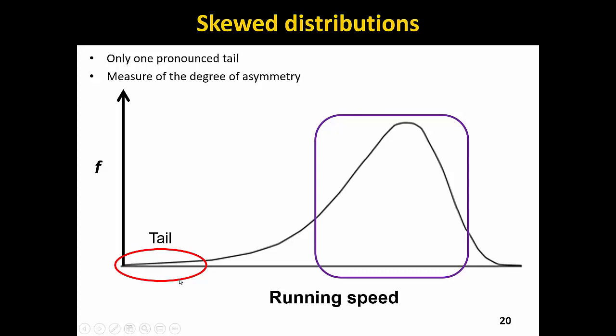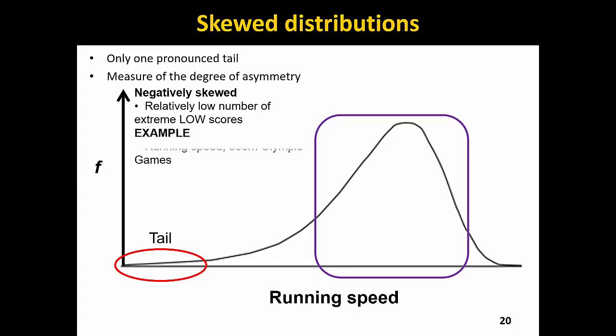So this is a slow running speed, but if we count up how many runners have a slow running speed, there really aren't that many of them, where we start to see the vast majority of runners having a more narrow range of running speed. And this is what we call negatively skewed, the tail in the negative direction along the x-axis. And so we have a relatively low number of extremely low scores.